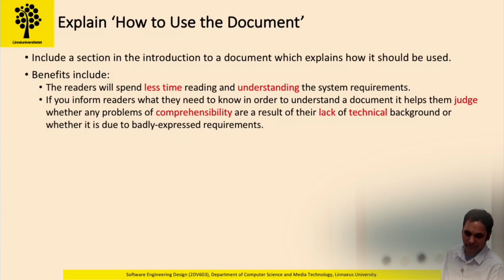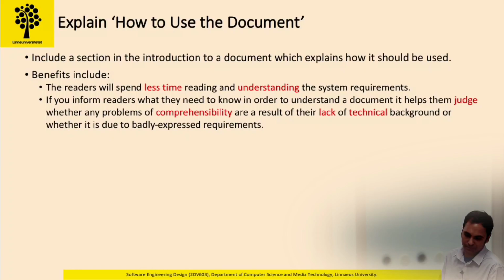So the benefits will be, of course, the reader will spend less time on understanding the document. And if you mention any technological knowledge that a reader should have in this section, for example, then the readers can know beforehand, before reading the whole document, if they have problems in understanding, if it's due to their understanding problem or lack of technologies, or is because the document is not well written.